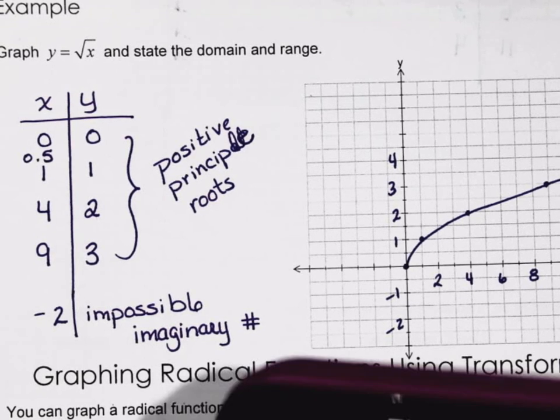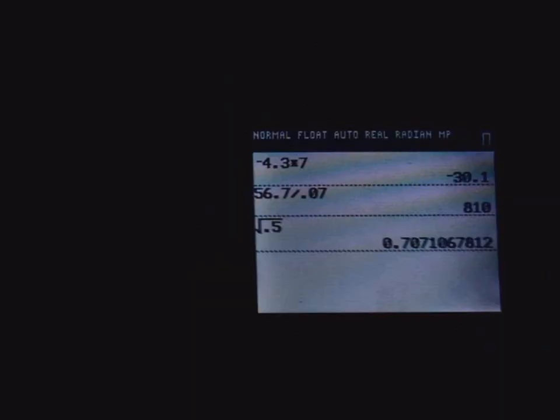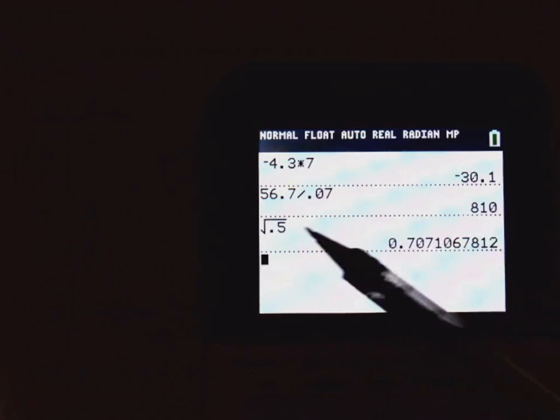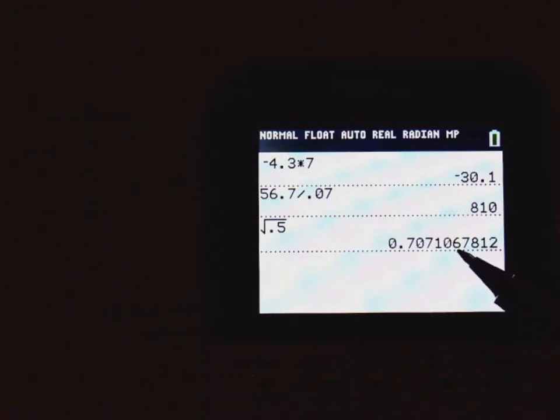So I did it on my calculator. So if I take the square root of 0.5, what do you notice about the answer? It's actually bigger. When we take the square root of the decimal, it's actually bigger. And then now I'm going to do the square root of 1.1, just for funsies. And that one's smaller.